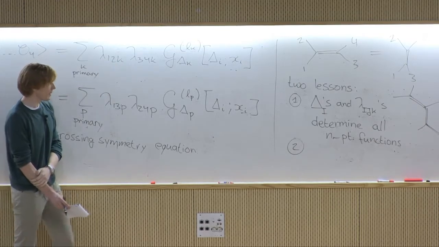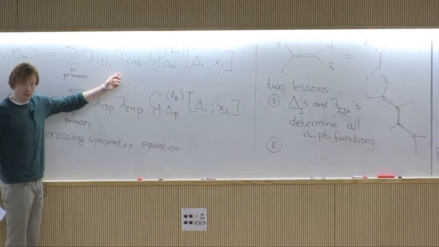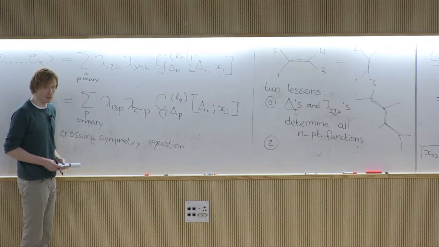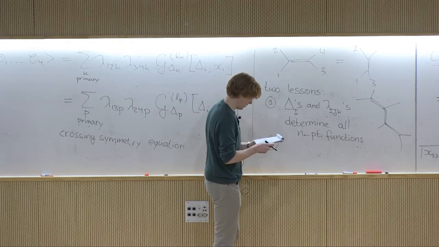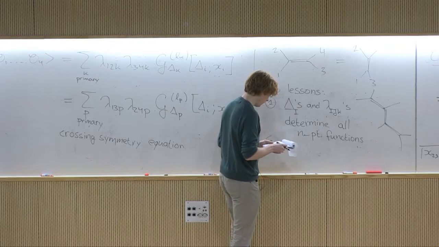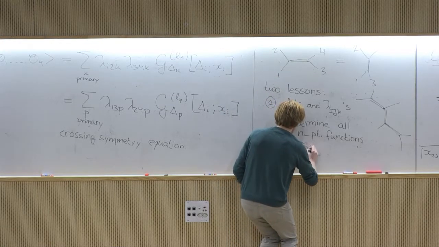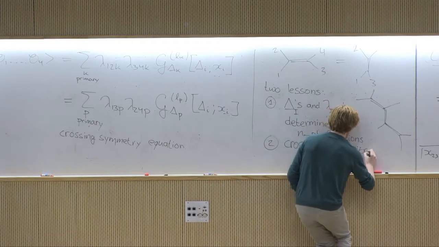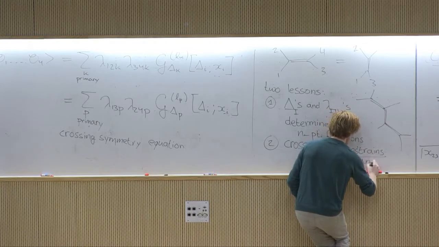So the deltas and the lambdas have to be pretty special in order for this condition to be obeyed. In fact, in order for similar conditions to be obeyed for all the possible 4-point functions. So the second lesson is that crossing symmetry constrains the deltas and the lambdas.